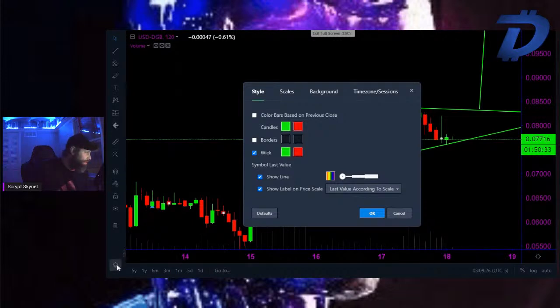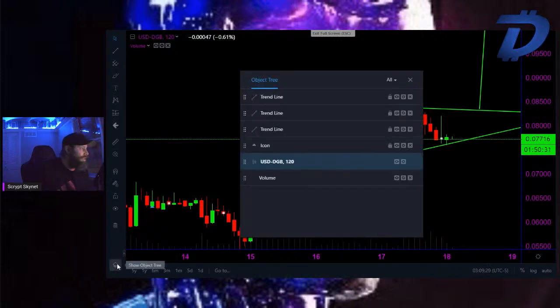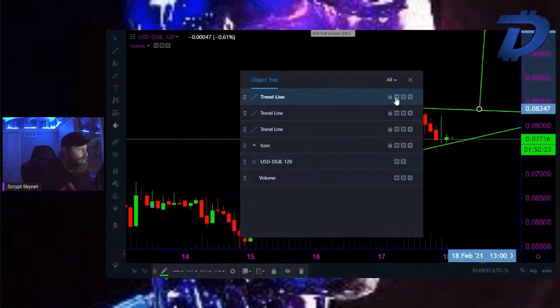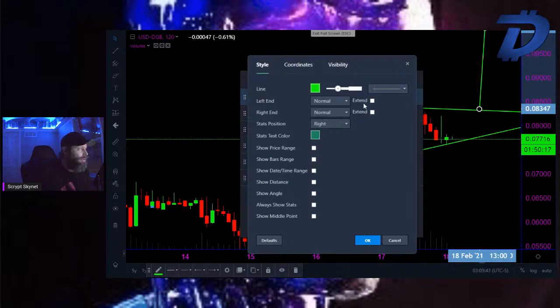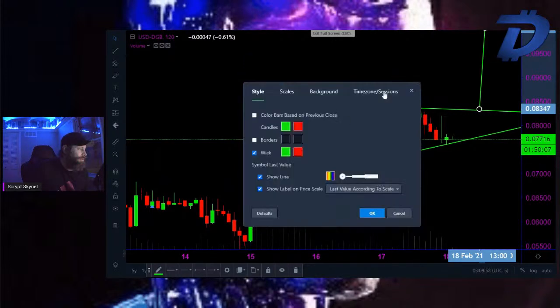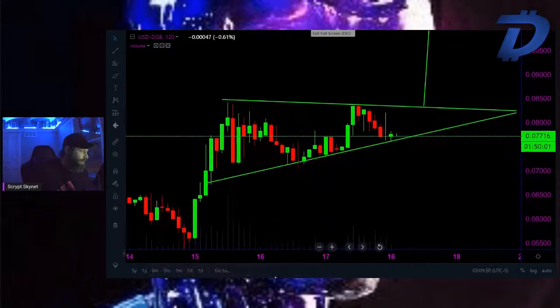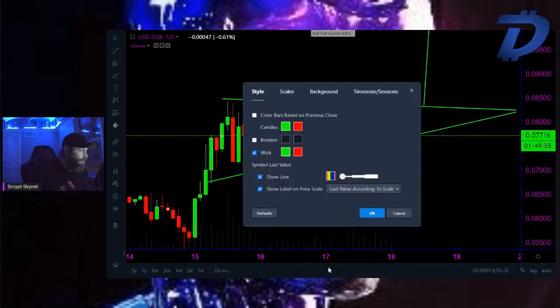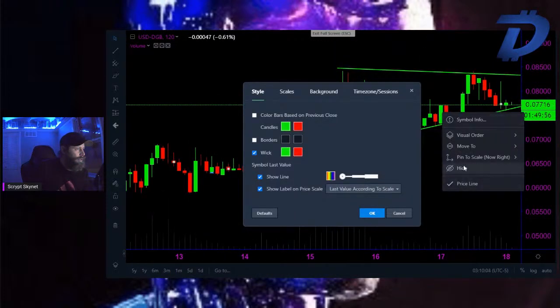What is this? Object tree? Are these little save things? No, they just took something away. There's a cog wheel. Visibility, coordinate style. No, nothing to save. Okay should mean save, right? Am I wrong, guys? What is all this? Hold on. Settings. Did I do that here?